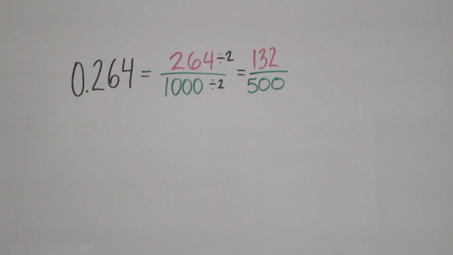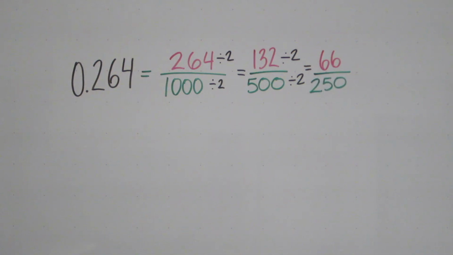Now can we keep going? Yes, we can, because 132 can be divided by 2, and so can 500. 132 divided by 2 is 66, and 500 divided by 2 is 250.